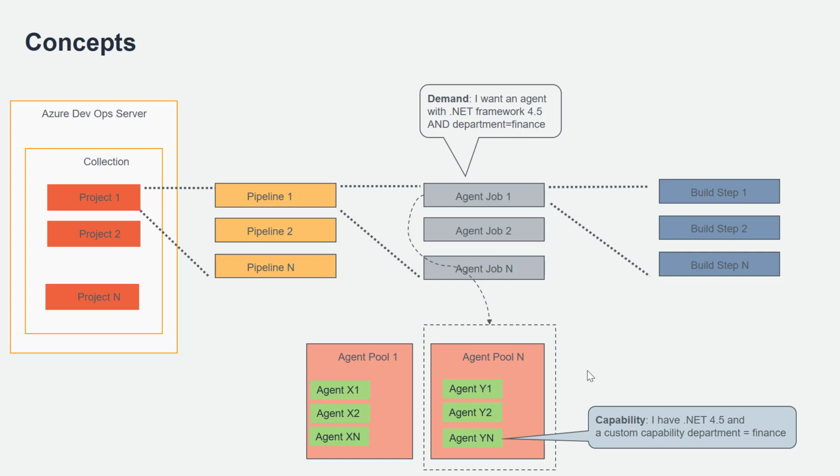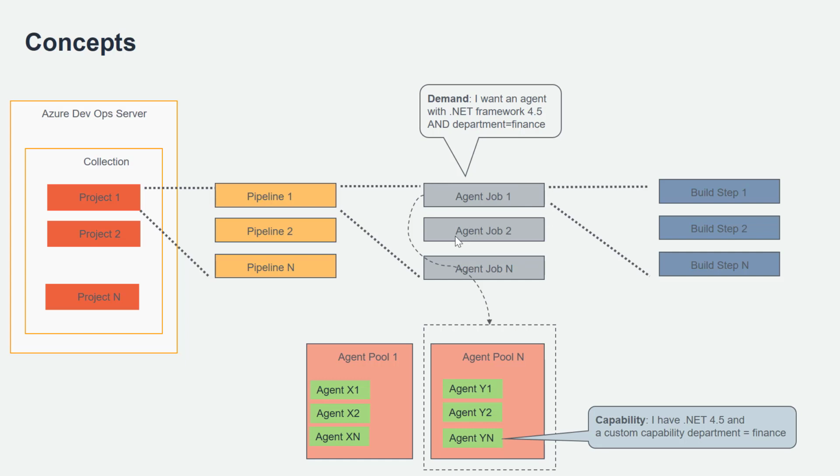For example, if agent YN says that it has .NET Framework 4.5 installed and a custom capability where the department equals finance, and the system finds an agent with the capabilities that the agent job demands, this agent job will get scheduled on this agent. If you don't find an agent with all the capabilities that this agent job requires, this agent job will not get executed.